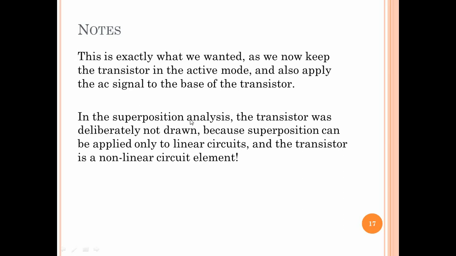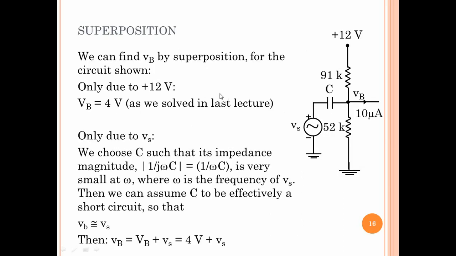Now note, I was a little bit sneaky here. When we did the superposition, I deliberately did not draw the transistor, because the transistor of course is a highly nonlinear element, and somebody would question how you can apply superposition to a nonlinear circuit.